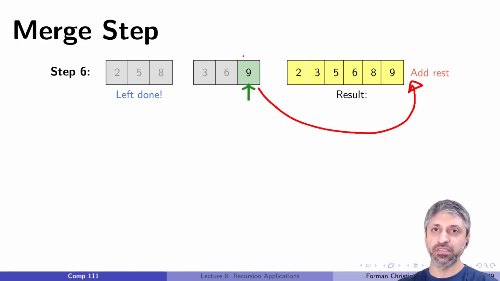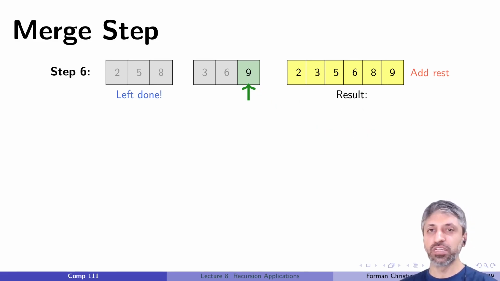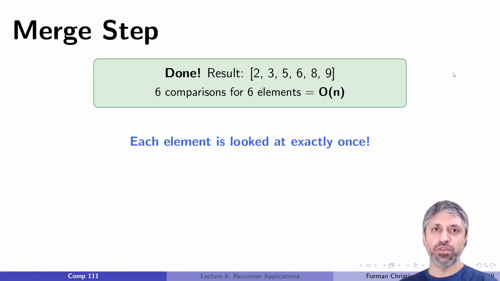We combine this remaining list with that list, and we are done. So we have successfully merged 2 sorted lists together. This is basically 6 comparisons for 6 elements. That's O(n). Each element gets touched exactly once. So that's why this algorithm is so efficient.